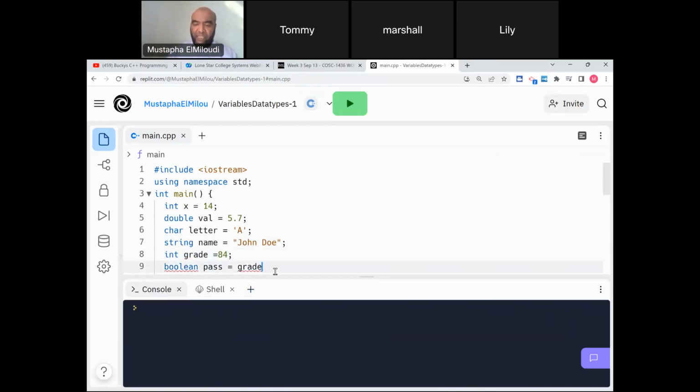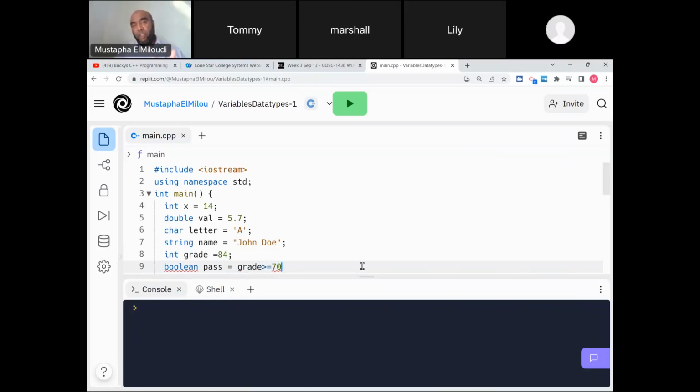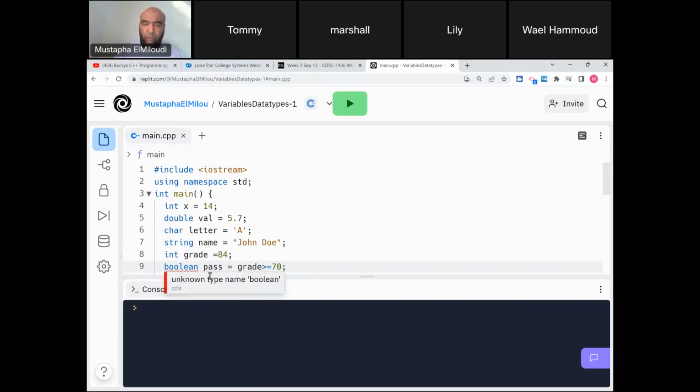So when I put grade is higher or equal to 70, it's like I'm asking the question, is the grade higher or equal to 70? So the answer has to be either true or false. So in this case, it is true. Why? I'm sorry, we don't use Boolean, we use bool. Okay? So bool stands for Boolean. That means either true or false. So this is an example of a Boolean expression because we have to answer either true or false.